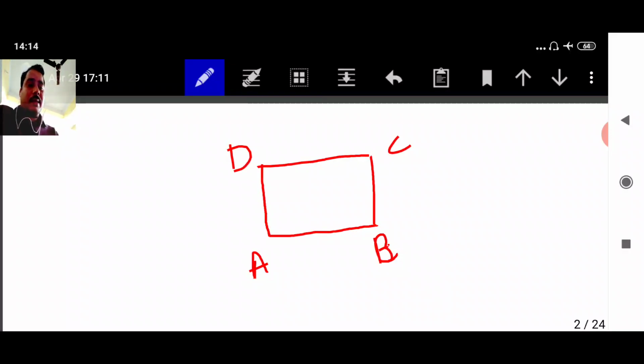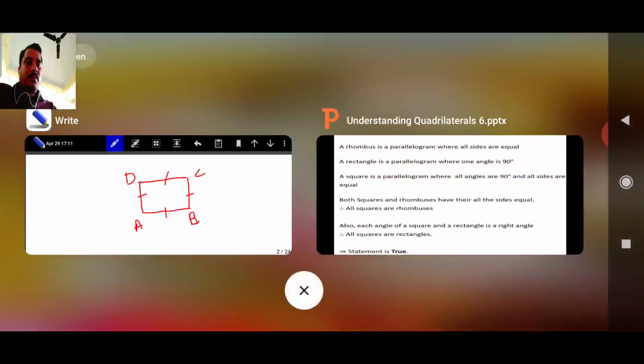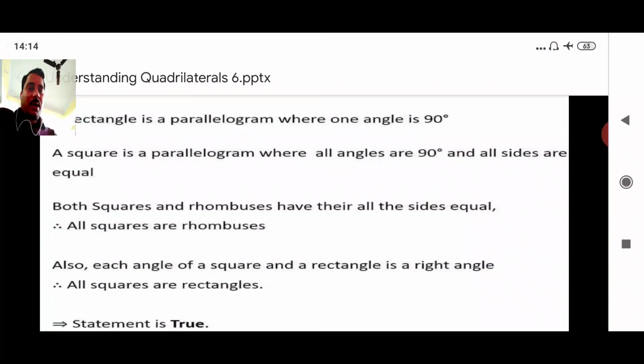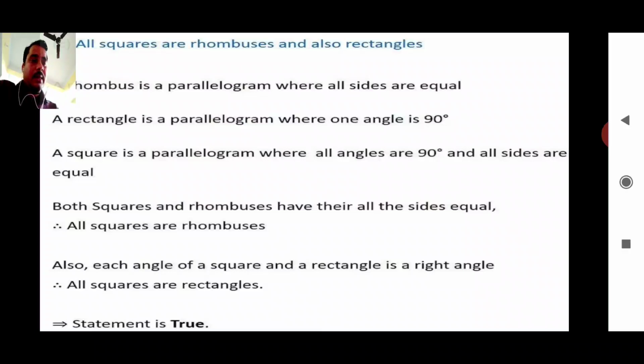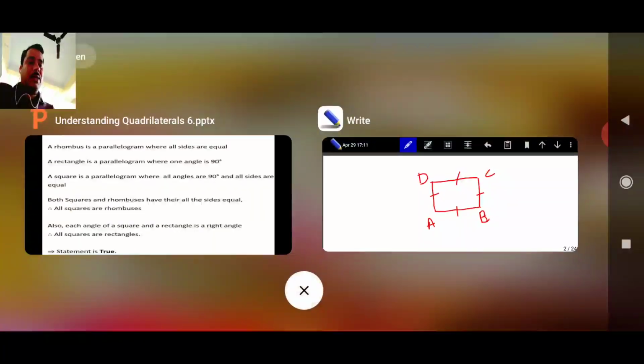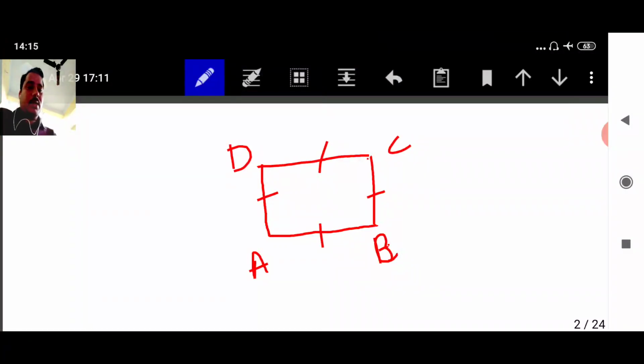In a square all sides are equal. Also in a rhombus all sides are equal. So a square is a parallelogram with all angles 90 degrees and all sides equal. Both square and rhombus have all sides equal, so all squares are rhombus, because in a square all sides are equal and in a rhombus all sides are equal.